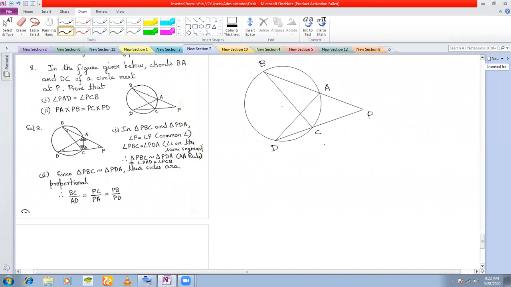So this is your circle, and you have your chords which intersect at P.